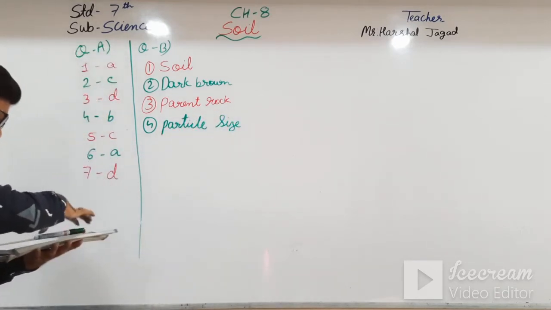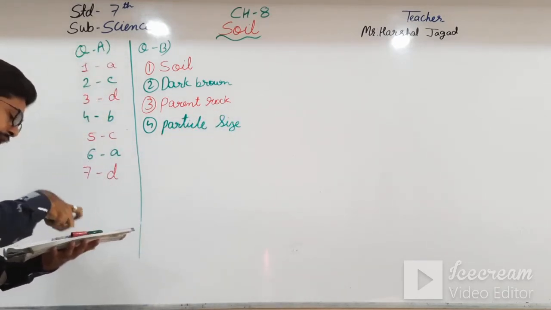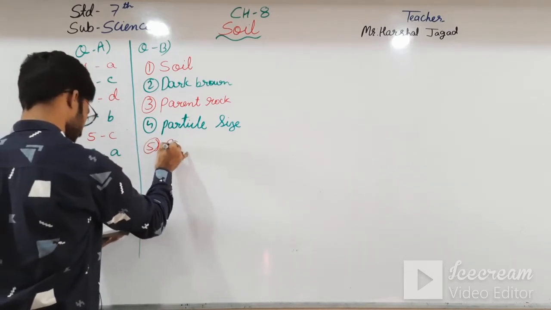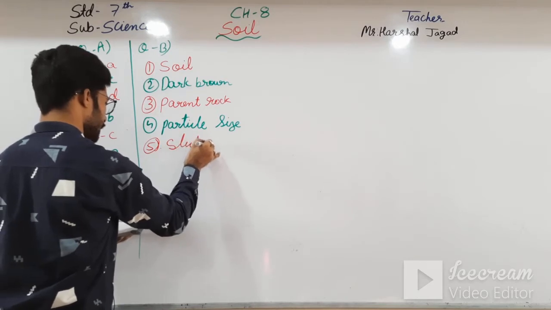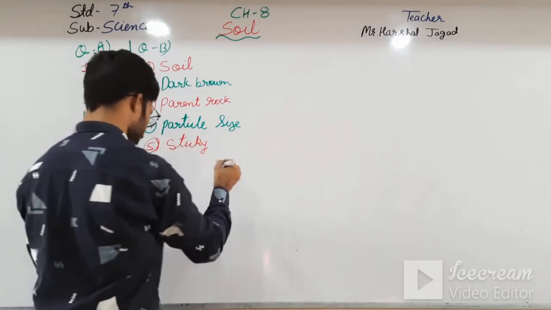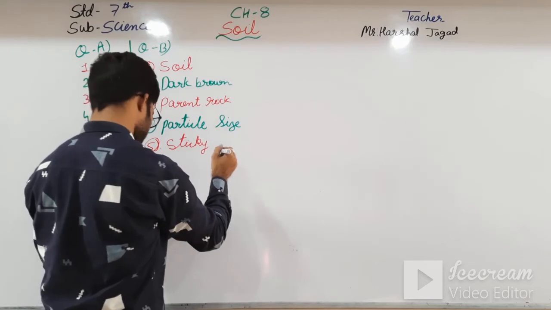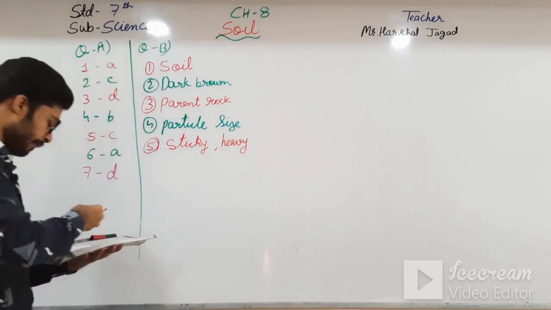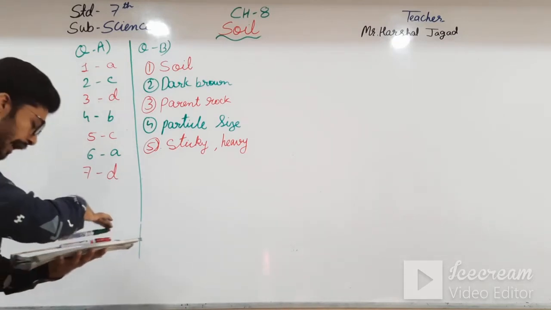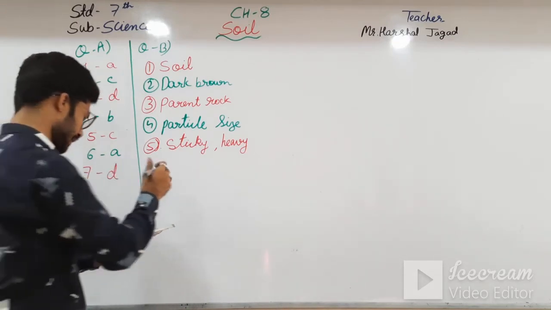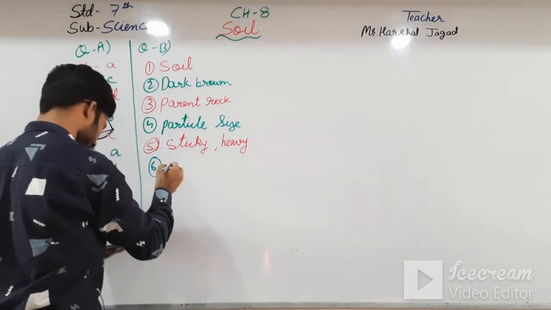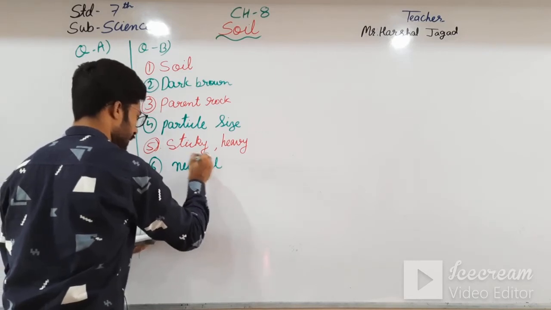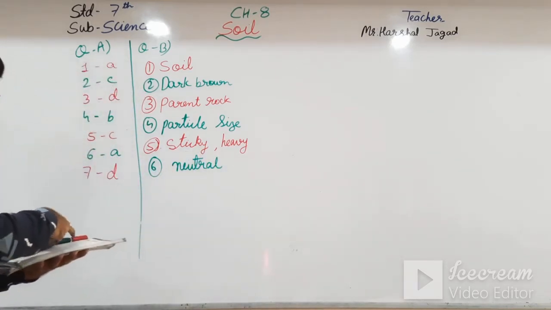Okay students, fifth one, clay soil becomes dash, clay soil becomes sticky and heavy when wet. Sixth one, plants grow well in dash soil. Sixth one, plants grow well in neutral soil.